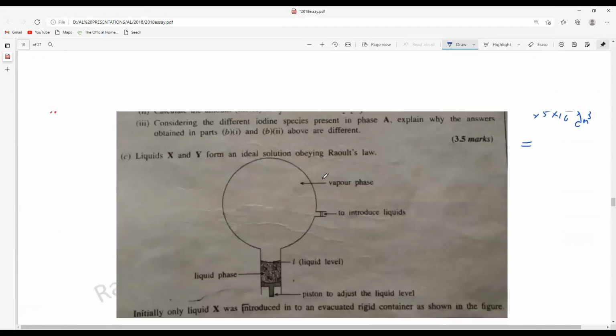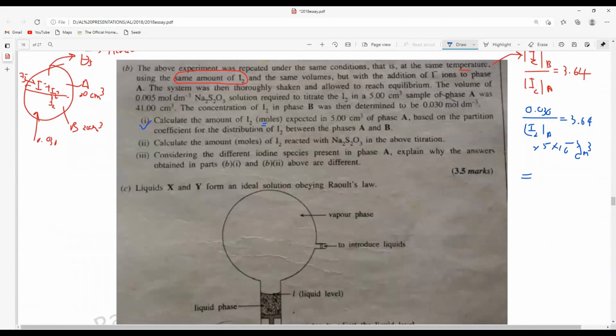So when you find the amount of I2, you will see it will be around 1.03 times 10 to the power minus 4. So that is the way you can calculate it, and that is also very simple. You can go with the KD, find the concentration, multiply by 5 cubic centimeters, and find the total amount. And calculate the total moles of I2 reacted with sodium thiosulfate.